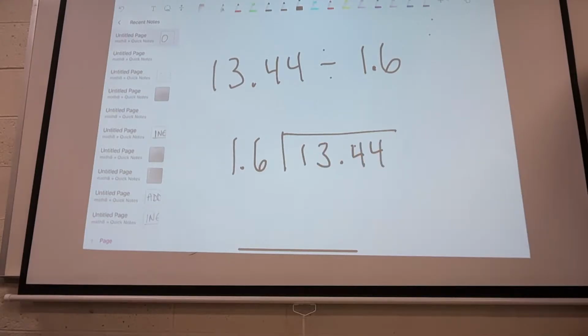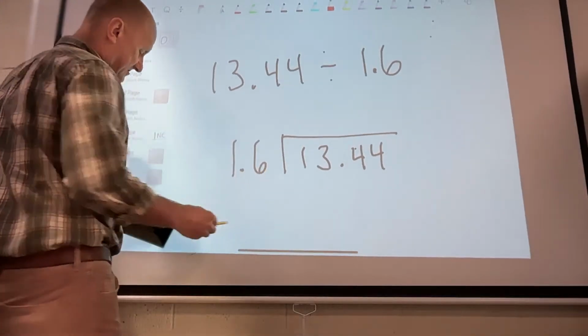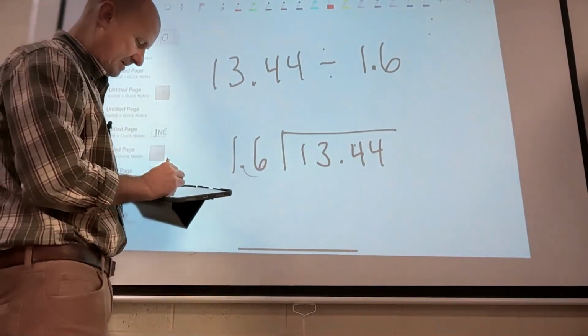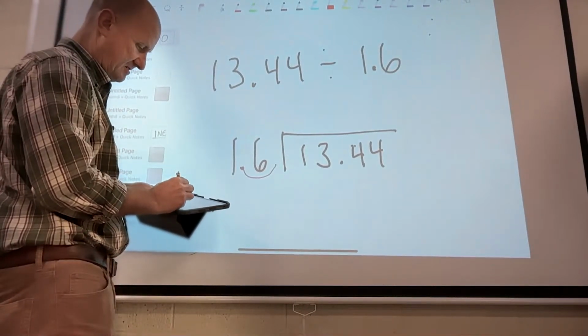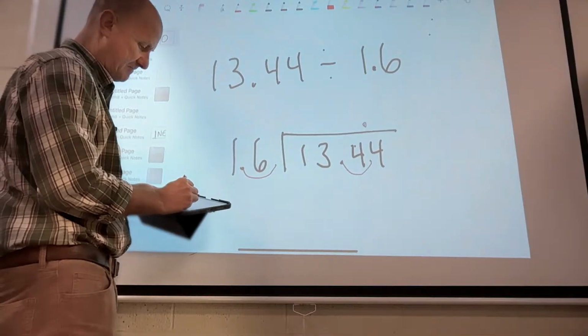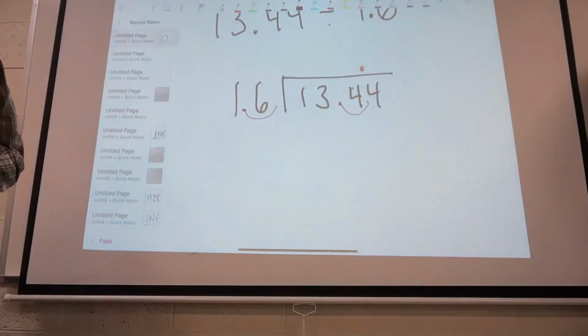Here I have to move my decimal point from between the 1 and 6 to the end. I'm going to do the same thing, move it 1 here, and then straight up. Okay. Now I'm just going to rewrite it.